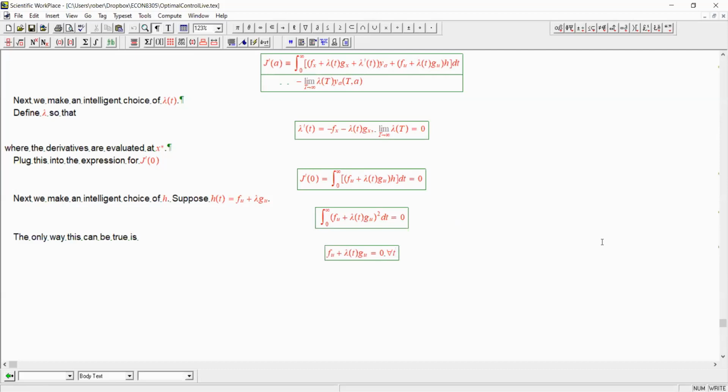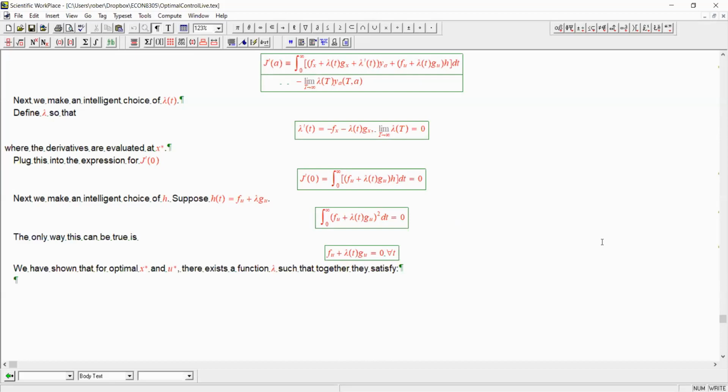Now that is a pretty powerful condition that we have shown. So we have shown that for optimal x star and u star, there exists a function lambda such that together these three functions satisfy the following conditions.